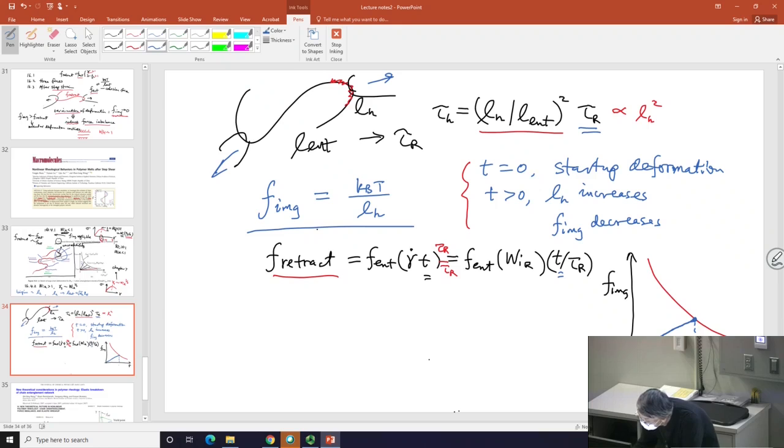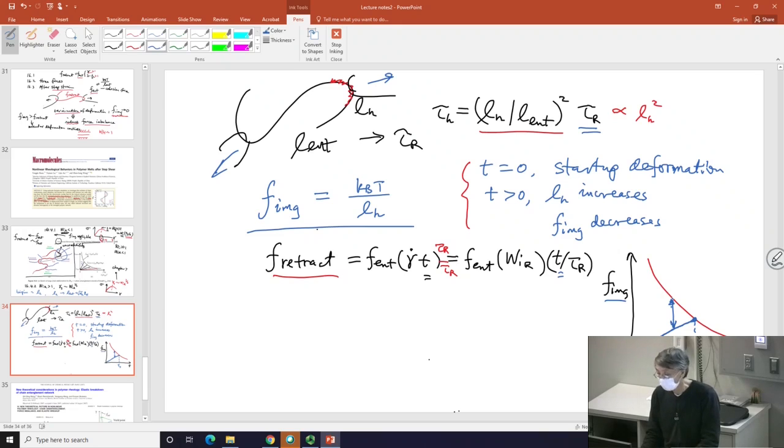You can claim any time prior to this point, by definition, your grip force is larger than the retractive force by the vertical distance between them, right?